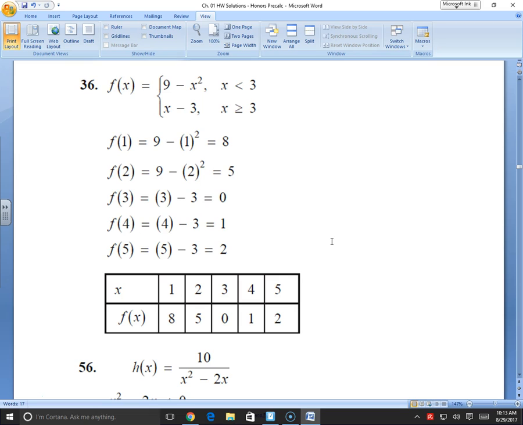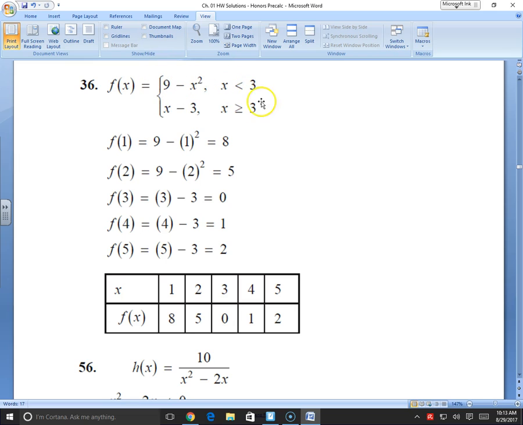Number 36. This was a piecewise function, like we saw at the very end of it. Plug in, plug in. They showed it two different ways. One's a table, one's function notation, either way. 1 and 2 should have been plugged into the top piece because of the inequality. 3, 4, and 5 should have been plugged into the bottom piece. As you look at it, how would the graph look?